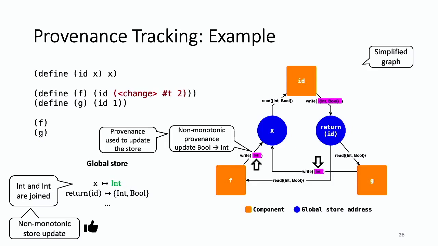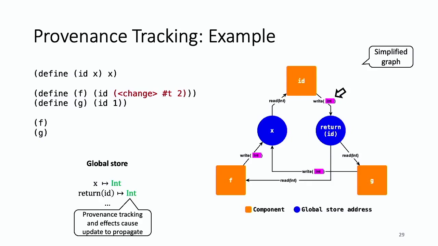However, with provenance tracking, you can see that this contribution from f to x has been updated in a non-monotonic way, from bool to int. And then we can join the provenance together to compute a new, more precise value for x in the store. So we can update x just to be int now.